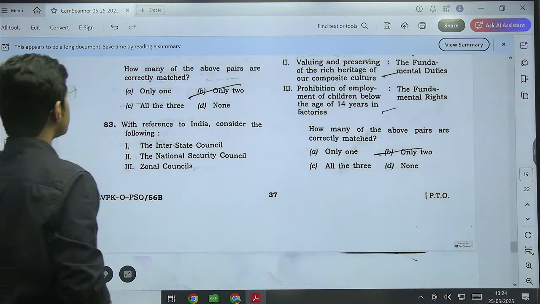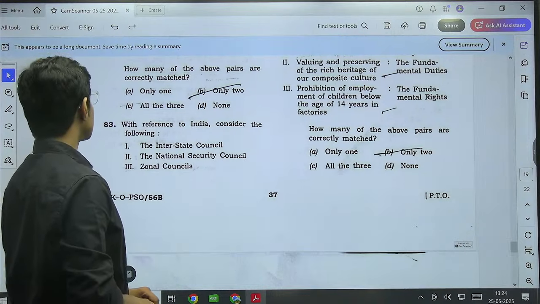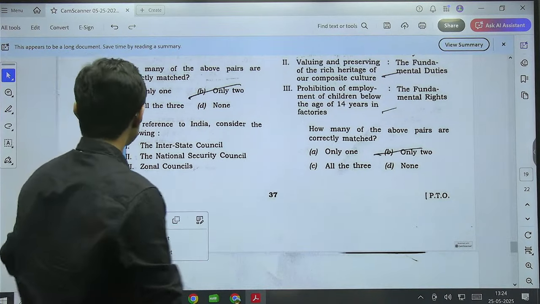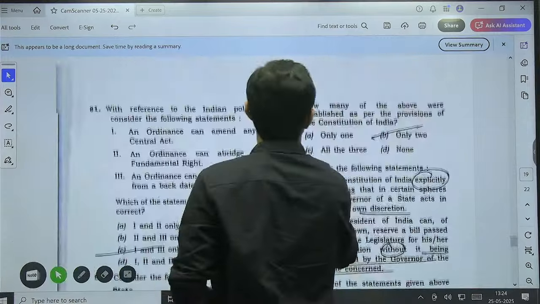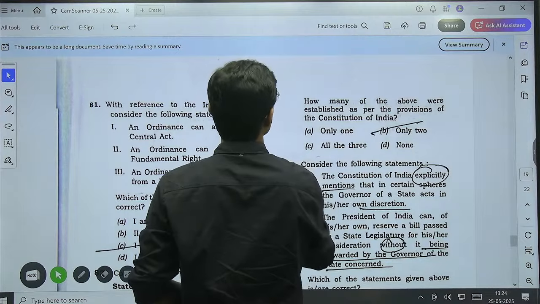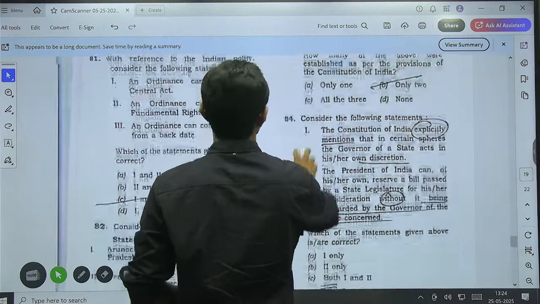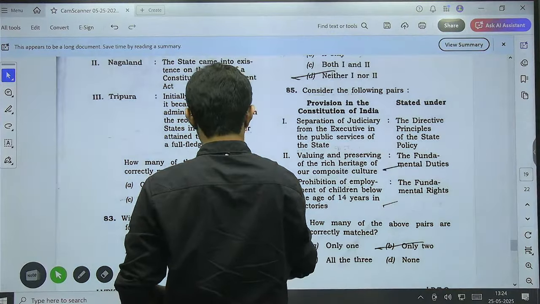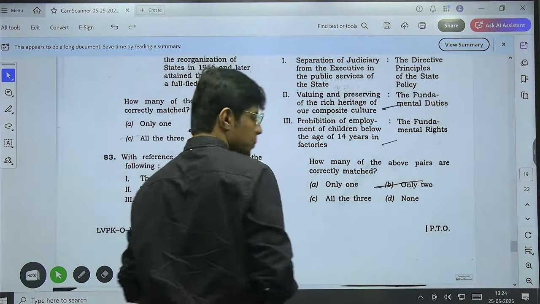With reference to India, consider the following: the Interstate Council, the National Security Council, the Zonal Council. How many of the above were established as per the provisions of the Constitution? A very good question. Yes, it's a very good question.